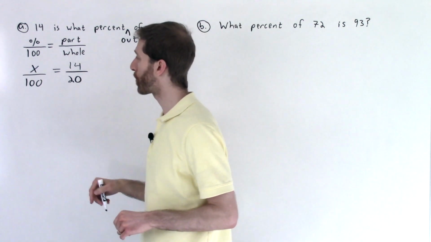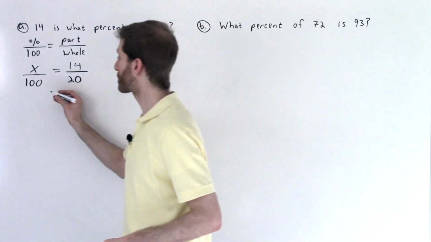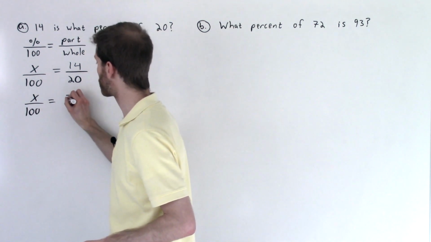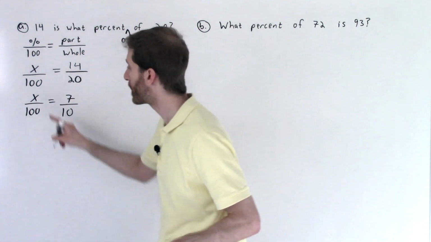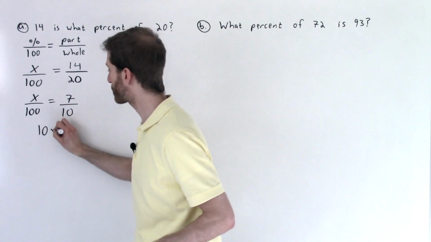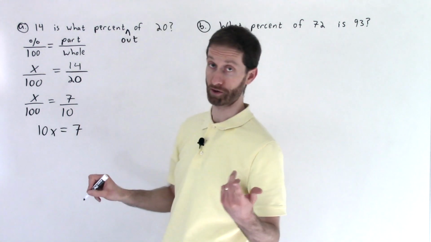Okay, so 14 out of 20, divide the numerator and denominator by the GCF, which is 2. That's going to leave me with x over 100 equals 7 over 10. It's a slightly better proportion. I'm going to cross multiply. x times 10 is, of course, 10x, and that's going to be equal to 7 times 100, which is 700.